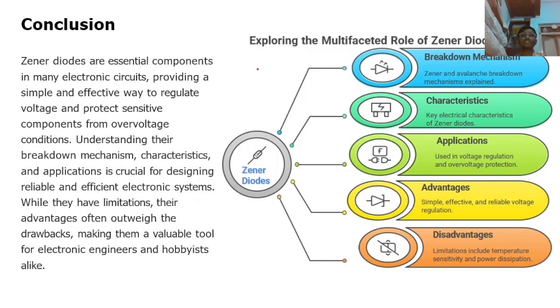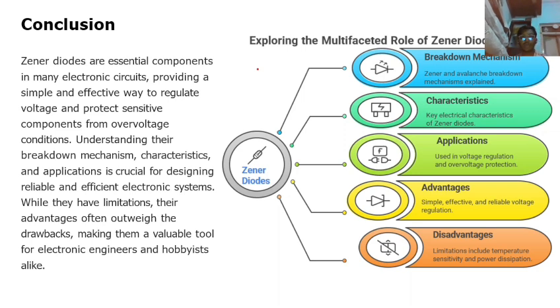Conclusion. Zener diodes are essential components in many electronic circuits. They provide a simple and effective way to regulate voltage and protect sensitive components from overvoltage conditions.